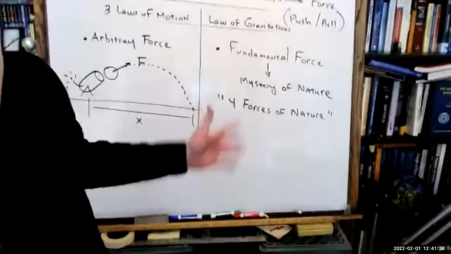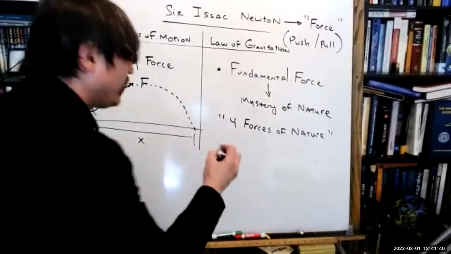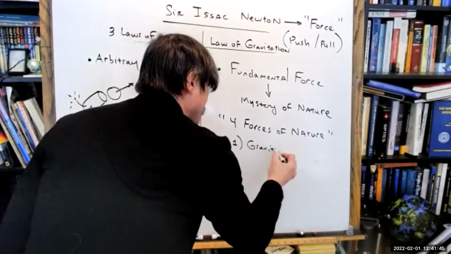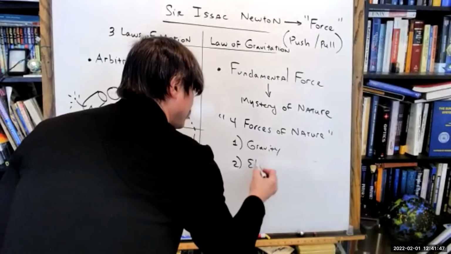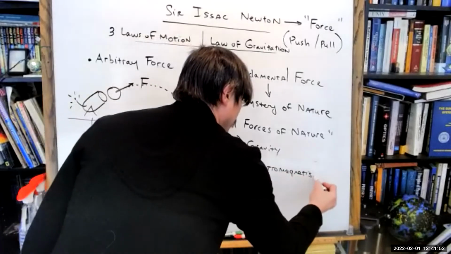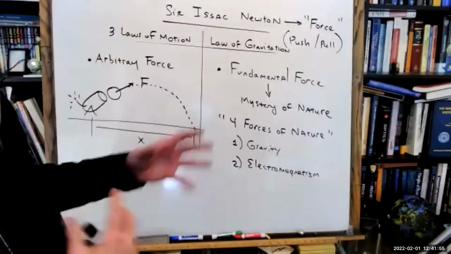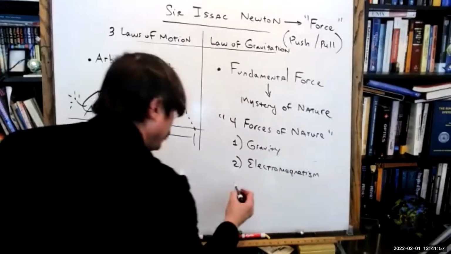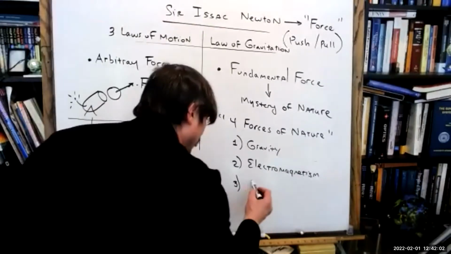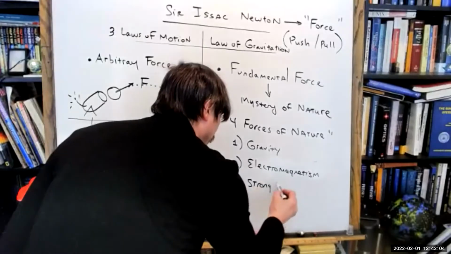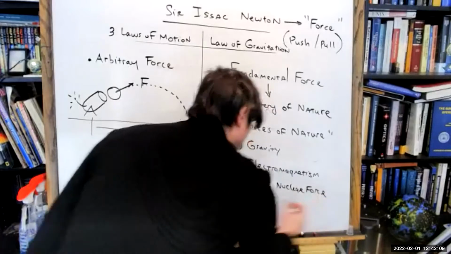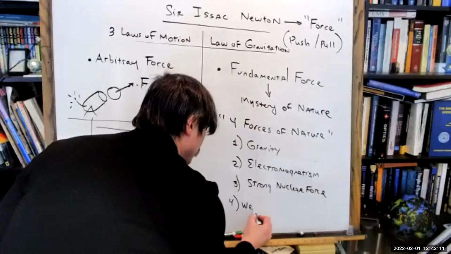But just for historical purposes, sorry that I'm an old fuddy-duddy, the 4 forces of nature were gravity, yes, electromagnetism, which describes how magnets and electricity work. The other 2 are related to the nuclei of atoms, and it's the strong nuclear force and the weak nuclear force.